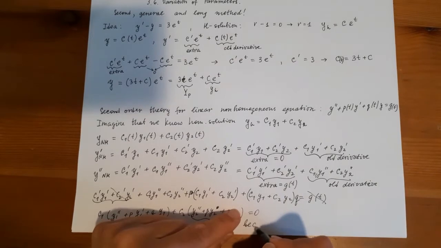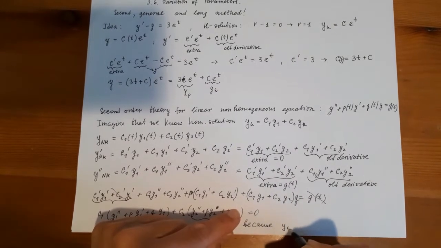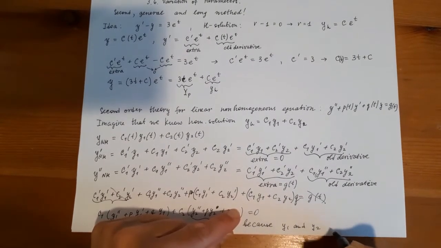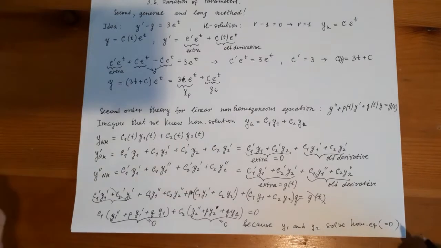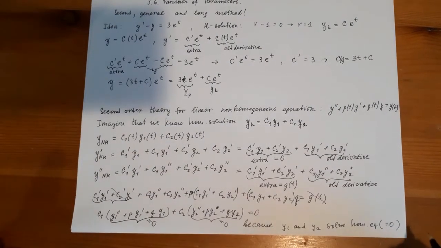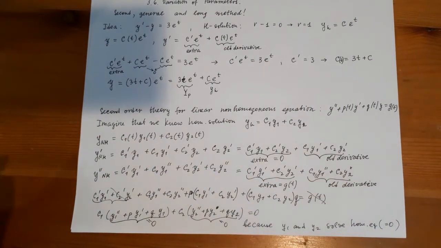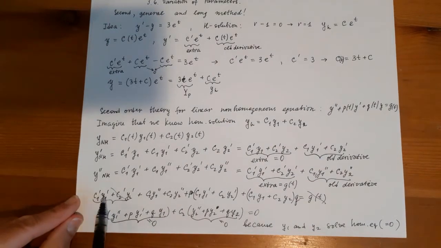I'm going to write down because y1 and y2 solve homogeneous equation equals to 0. So they are going to be 0. So everything is becoming a true statement. So if we did not set up this little extra to g of t, we are going to have them left over. G of t and this one are going to be leftovers.